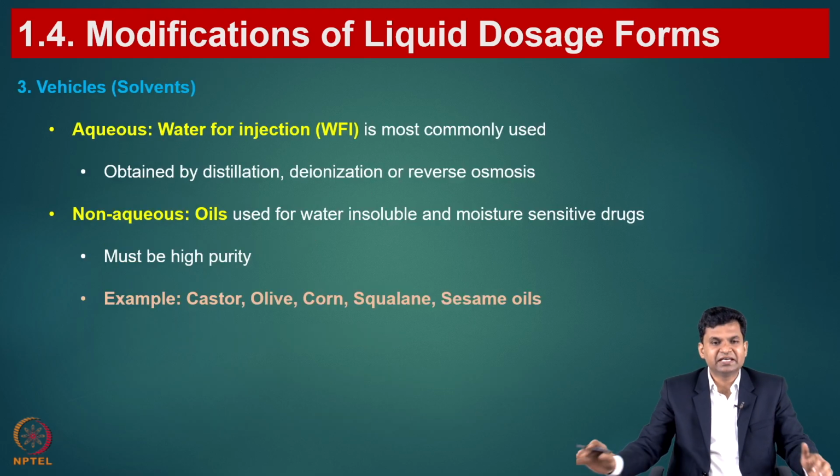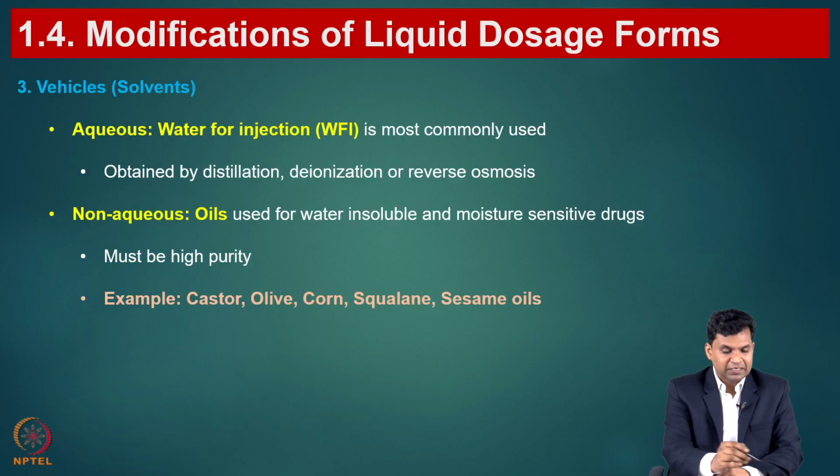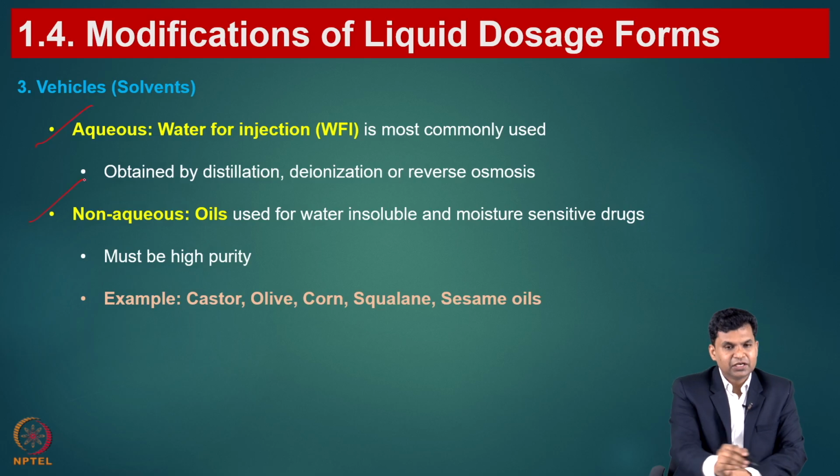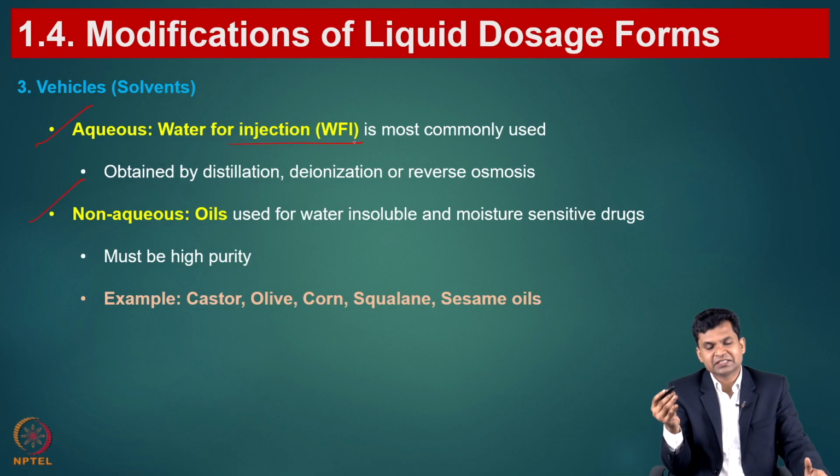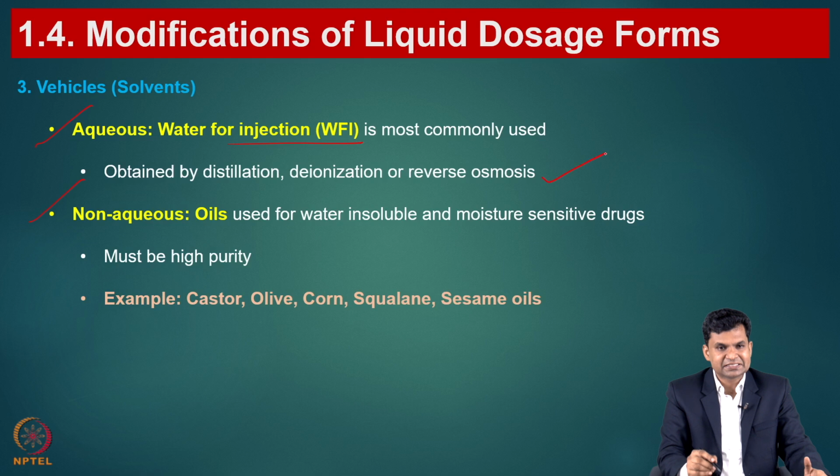The third one is the vehicles. Here we can use either aqueous or non-aqueous systems. For aqueous, you can use water for injection, which is nothing but apyrogenic water. That means we remove the pyrogens by using these techniques to solubilize your medicine.